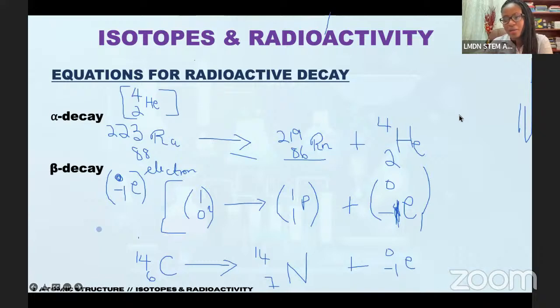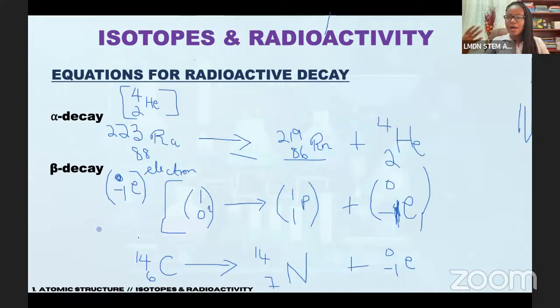So Anish, we're talking about these equations for radioactive decay. That's where we had left off last time. And we were talking about alpha decay. How in alpha decay, you have these particles that get liberated as a result of this unstable nuclei. When you have an alpha decay, a helium nuclei is what is liberated as a result of that disintegration.